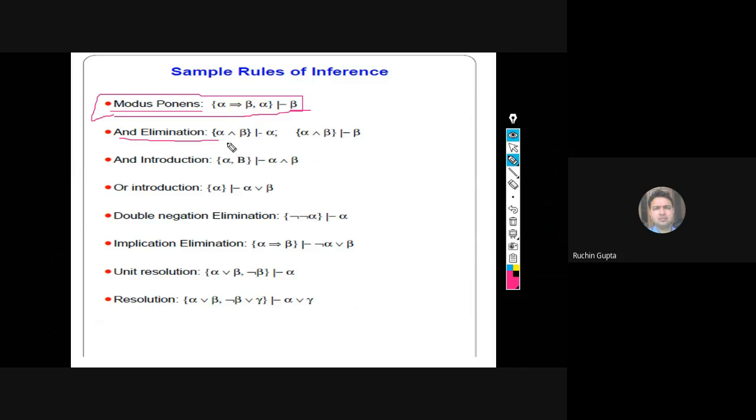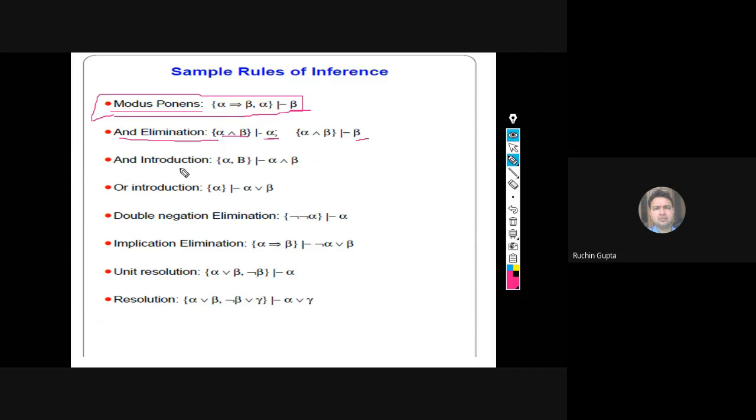We have other rules also, like and elimination. If alpha and beta is true, then of course it means that alpha is going to be true, because alpha and beta is true only in case alpha is true as well as beta is true. So it implies that alpha is true and beta is true.